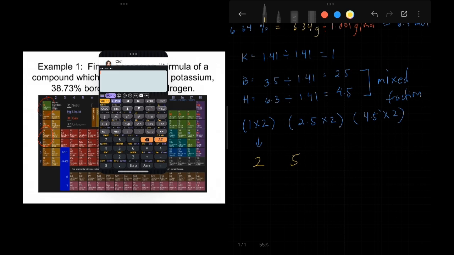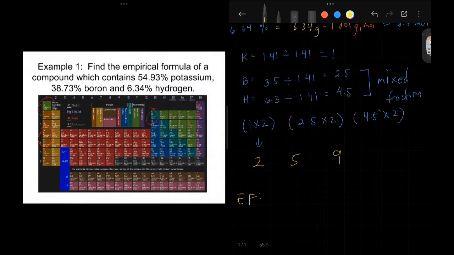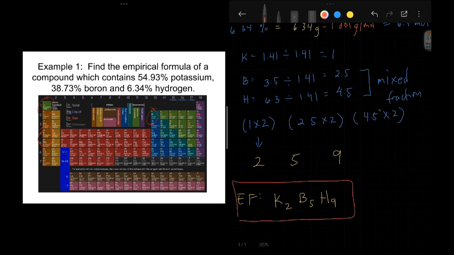And then 4.5 times 2, that will be 9. So the empirical formula of this problem will be potassium 2, boron 5, hydrogen 9. And there, this will be the empirical formula for this example number 1.